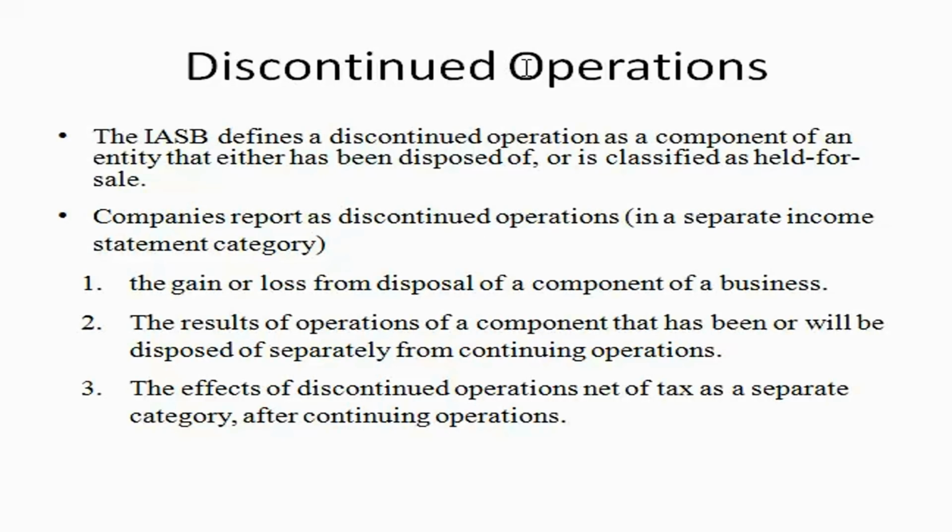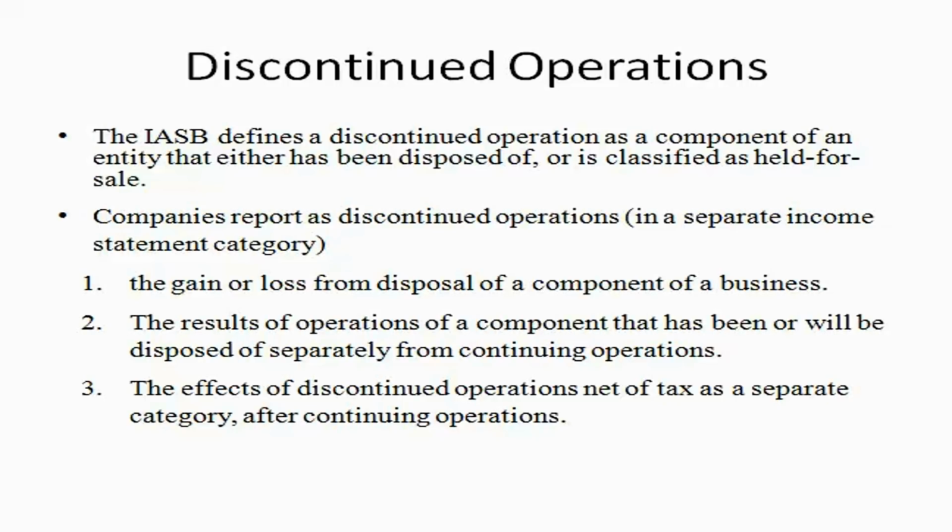Then the discontinued operation. What is a discontinued operation? The IASB defines a discontinued operation as a component of an entity that either has been disposed of or is classified as held for sale.